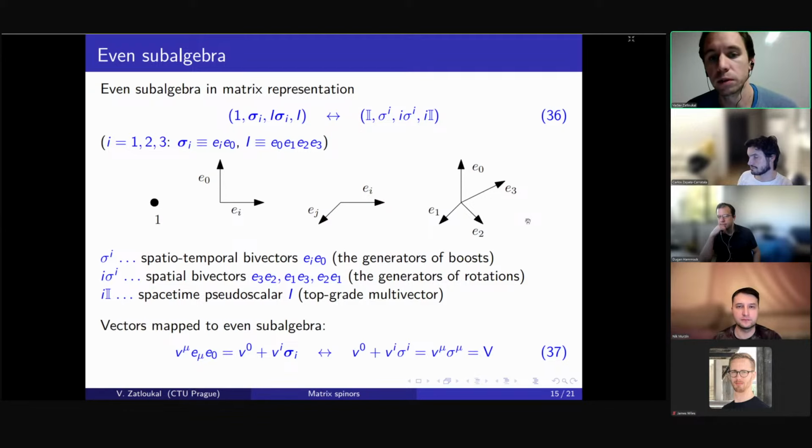So the Lorentz algebra. You have the sigma_i and i sigma_i, and you can take the real linear combinations of those. You have 6 parameters, so it's nothing esoteric.